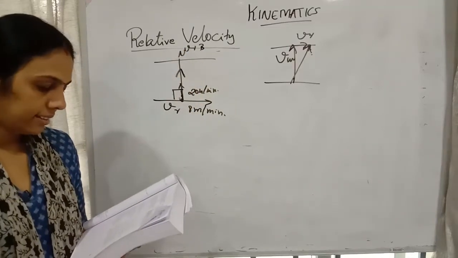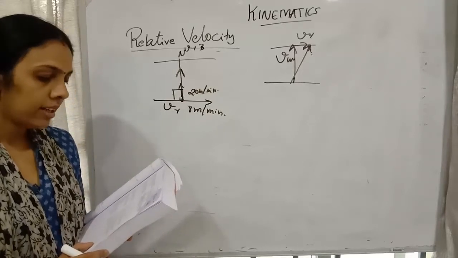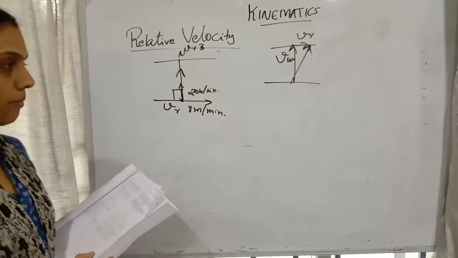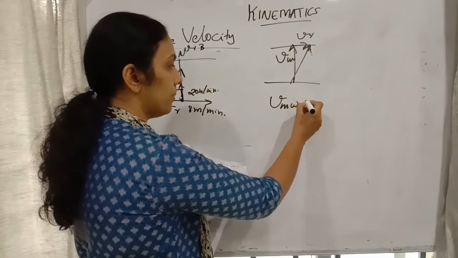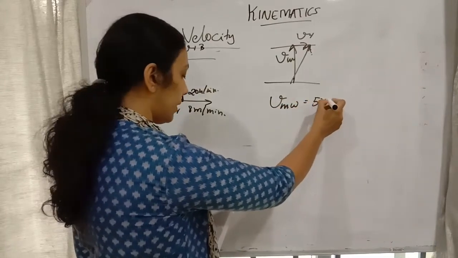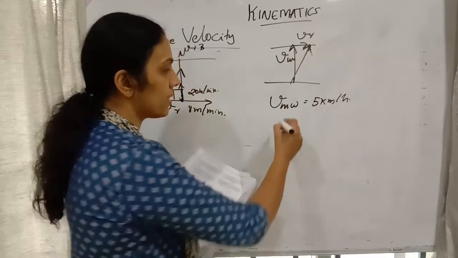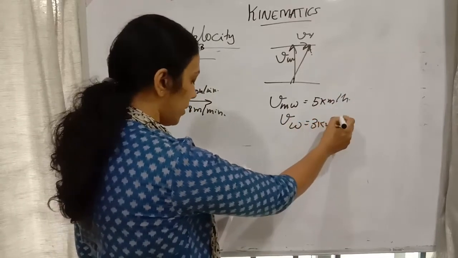Clear? Then, the next question is, the rowing speed of a man relative to water is 5 km per hour. So the velocity of the man relative to water is 5 kilometer per hour, and the velocity of water is 3 kilometer per hour.